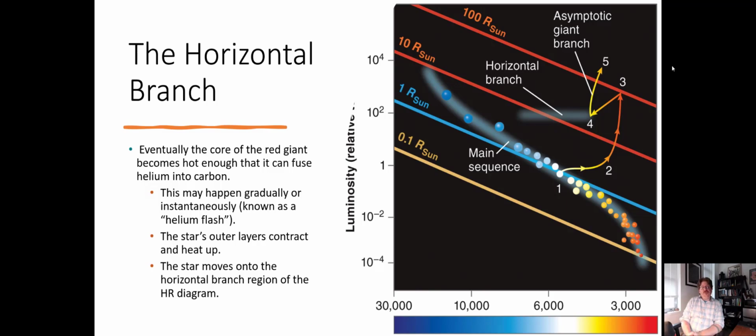The next stage of evolution is referred to as the horizontal branch. I'm not going to go into specifics or detail, but depending on the mass of the star, it's going to go on to what we refer to as the horizontal branch, and depending on the mass, it will spend a certain amount of time on that branch.